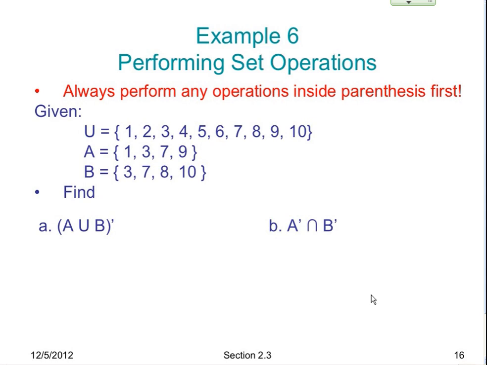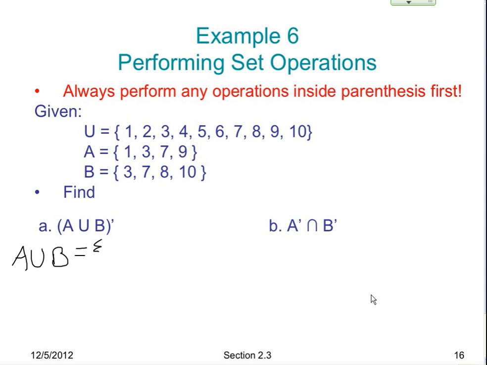If you have an example like this where it has parentheses, you're always going to perform those first. Anything inside the parentheses gets done first. So for example A, the first thing I want to do is find A union B. A union B means I want to take both sets together.